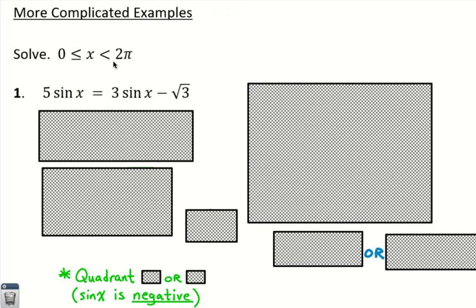So that's basically saying solve for x, but we only want answers for x that are between 0 and 2 pi. Translation, between 0 and 360 degrees.